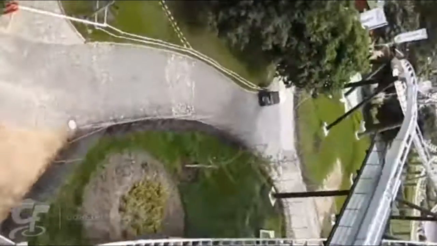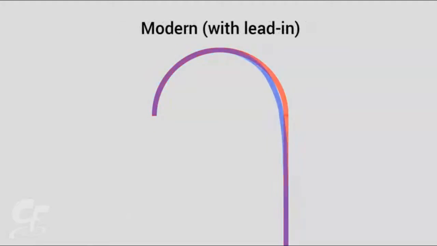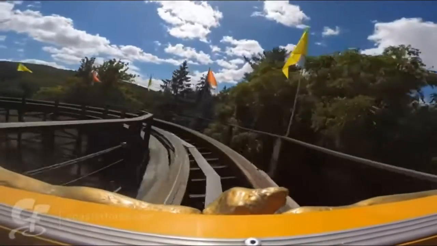The concept of lead-ins and outs is a method of using some reasonably complex mathematics to gradually change the severity of the curve. Rather than simply having a section of straight track into a section of constant radius curve, it is much more pleasant to gradually blend the two. Anyone who has ridden an older roller coaster that doesn't use this approach will know what I'm talking about.